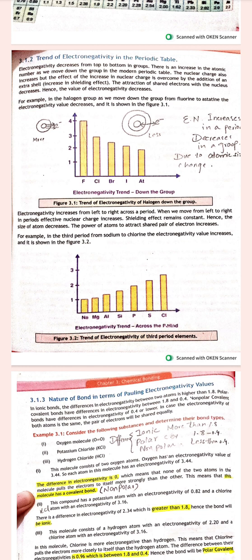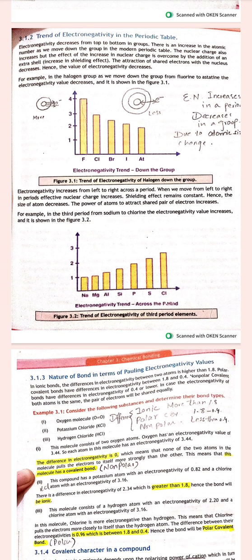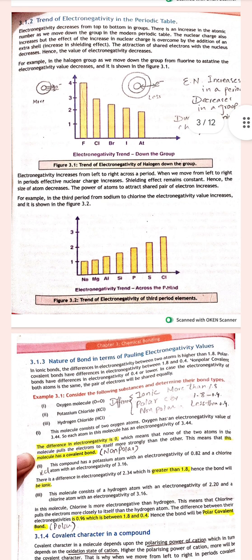So basically electronegativity decreases from top to bottom because of the increasing size. For example, in the halogens from fluorine to astatine, the electronegativity value decreases.